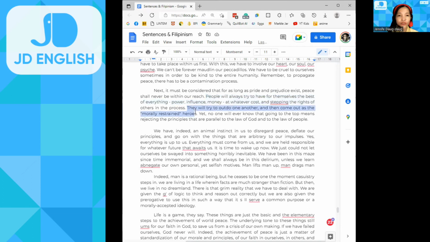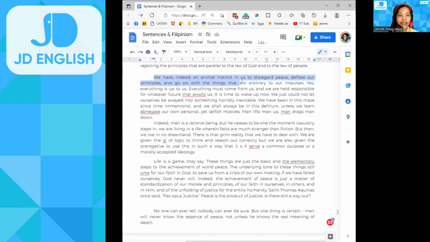They will try to outdo one another and then come out as the morally restrained heroes. Yet, no one will ever know that going to the top means rejecting the principles that are parallel to the law of God and to the law of people.